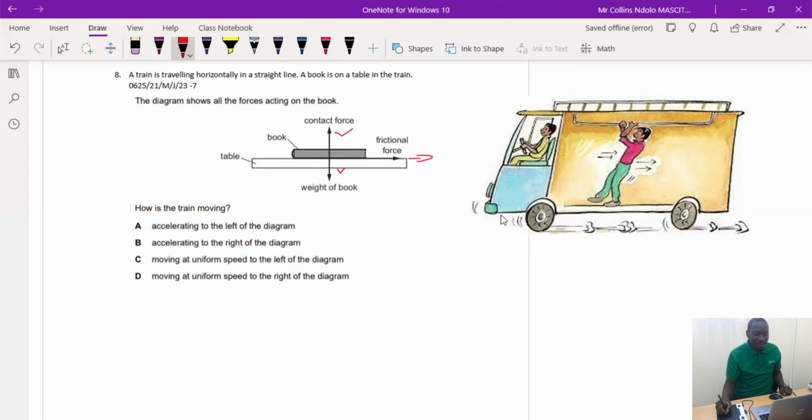And if the friction force is acting in this direction, that means the book must be moving to the left. And for that to happen, the train must be accelerating. The train must be moving at a higher speed compared to the book.